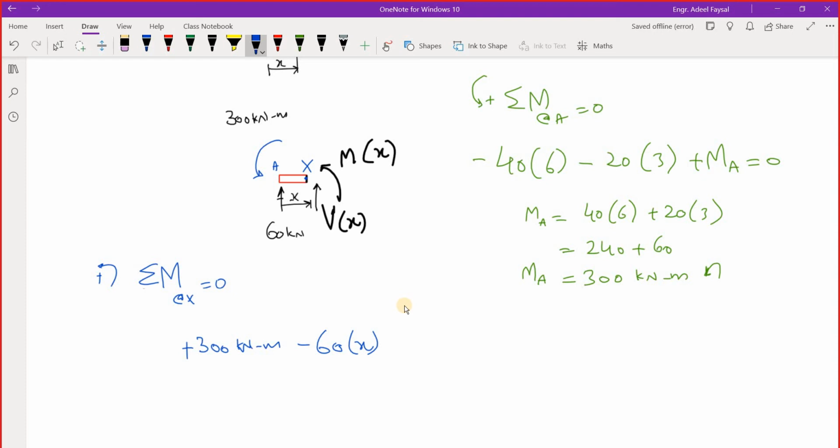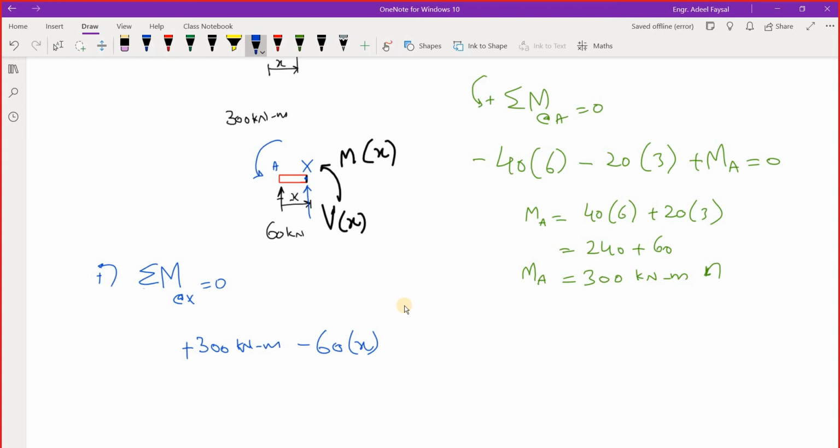What next? How about Vx? How about this force? Does it produce any moment about x? I just showed it over here, but it is actually applied at this point, passing through x. It's an internal force acting on the surface, so it won't produce any moment.